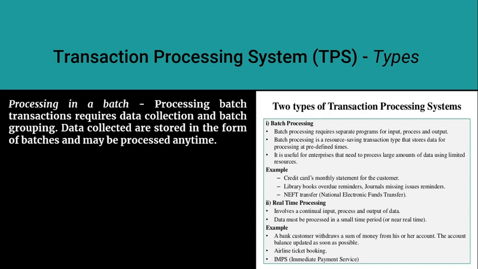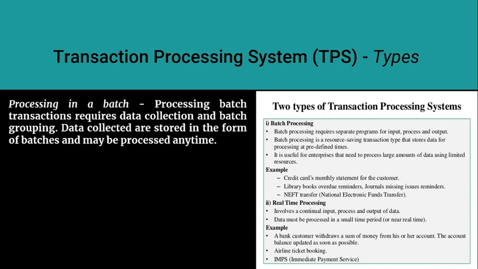Now processing batch transactions requires data collection and batch grouping. The data collected are stored in the form of batches or groups and may be processed anytime. So batch processing requires separate programs for its input, process and output.